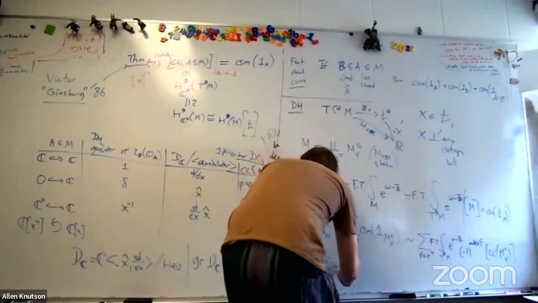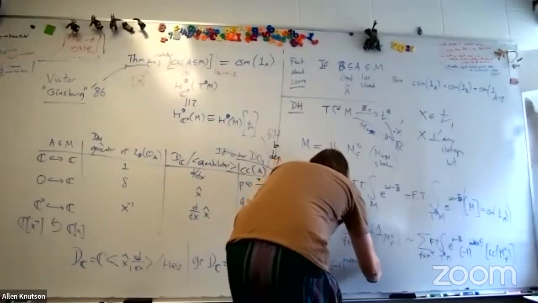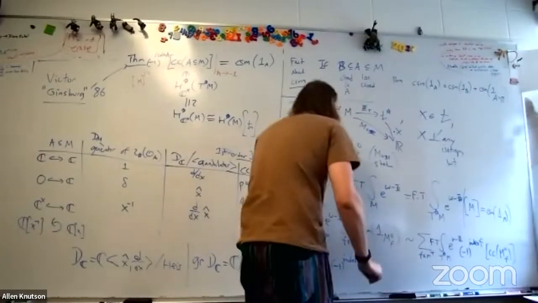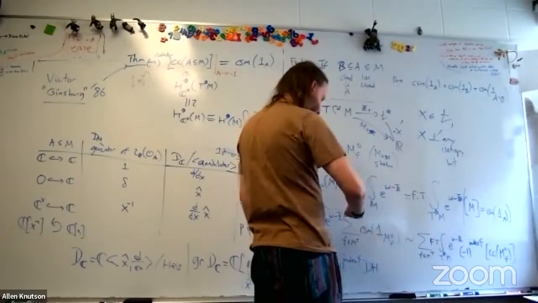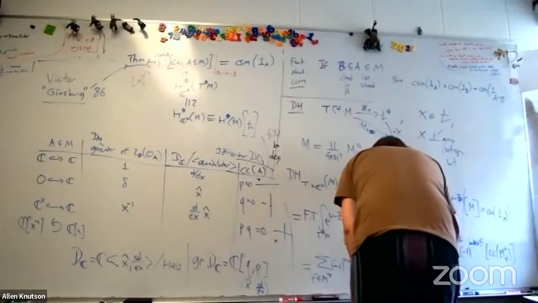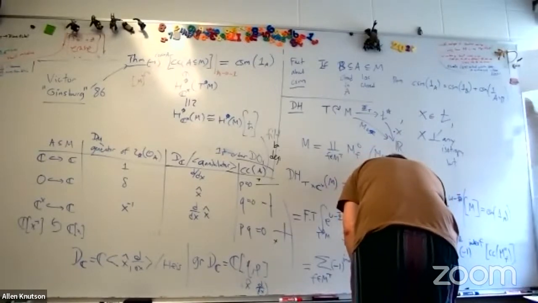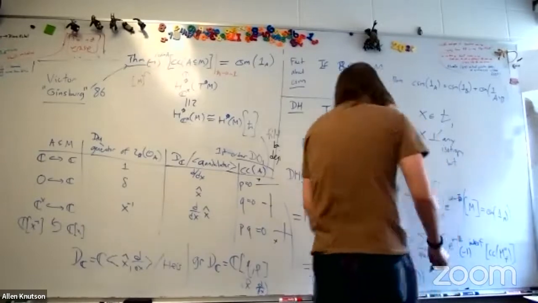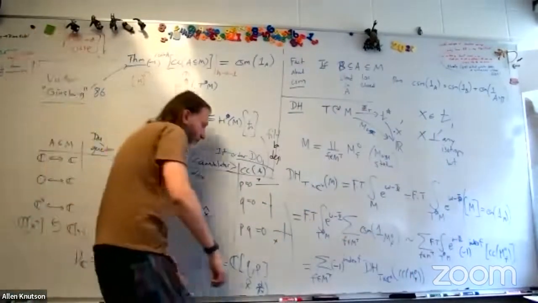I've got this -1 to the index of F. And I've got the Duistermaat-Heckman measure of the characteristic cycle. All right, let's do an example.